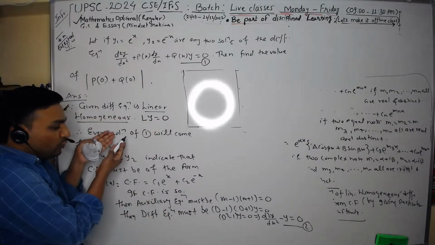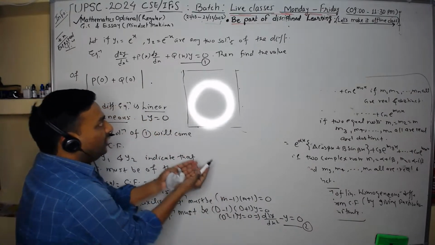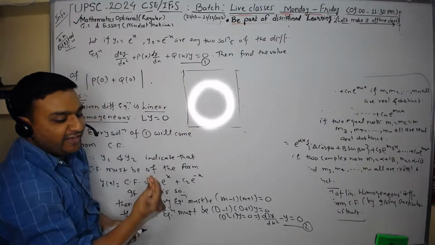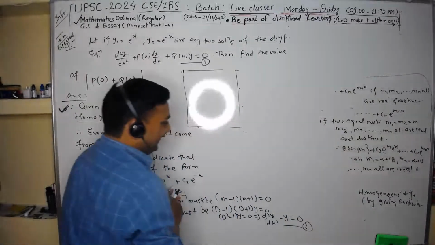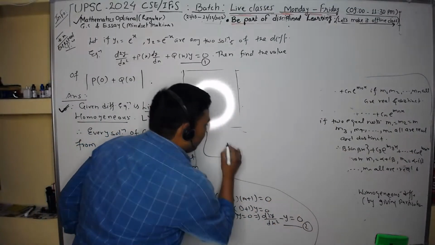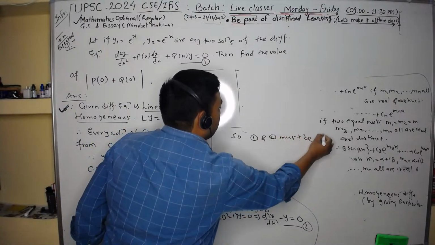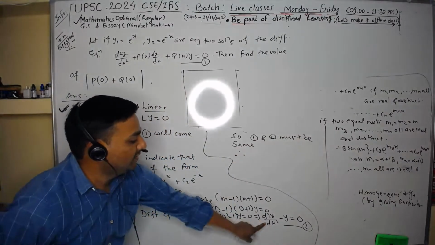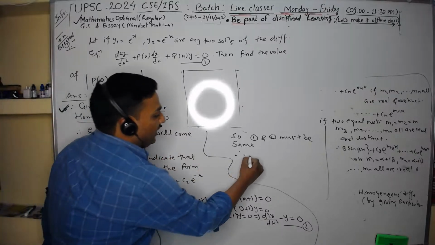एक तरफ you are deducting differential equation should be this. Question is saying differential equation is this. So 1 and 2 must be same. तो क्या मिलेगा? इसका कोएफिशिएंट 1, px किसका कोएफिशिएंट है? dy over dx का.